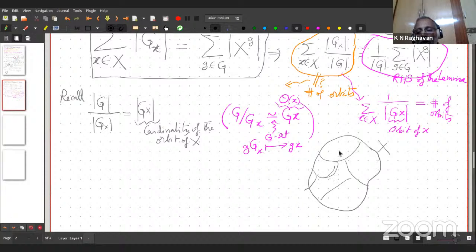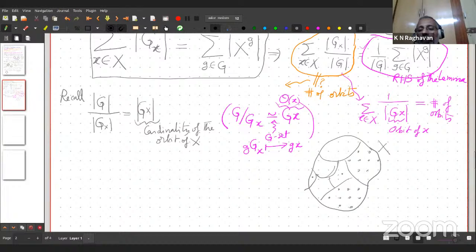I have to count the total number of orbits. In this example, let me put one more here: 1, 2, 3, 4, 5, 6, 7. Each partition represents an orbit. Now let me use these dots as elements of X. It's very convenient to have these dots.